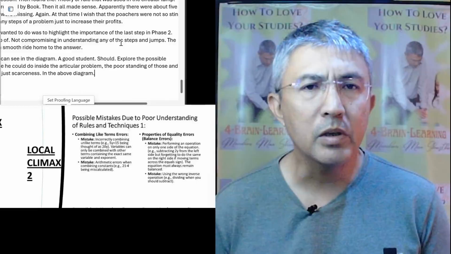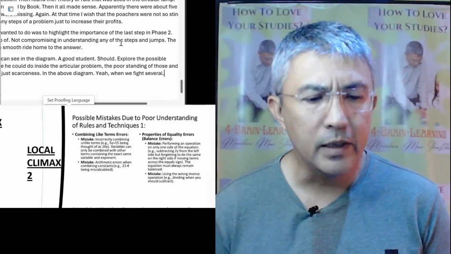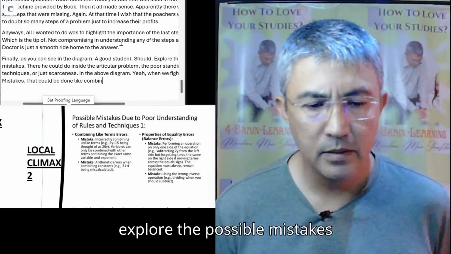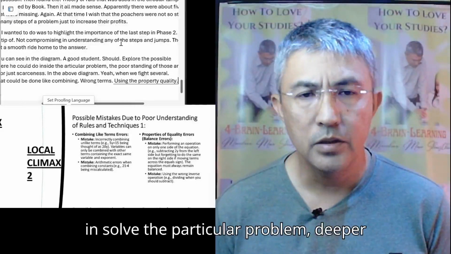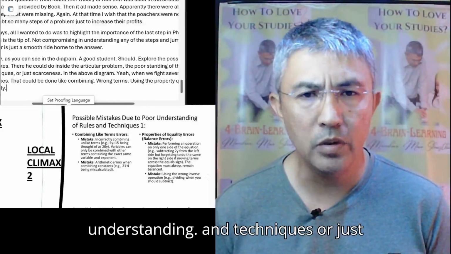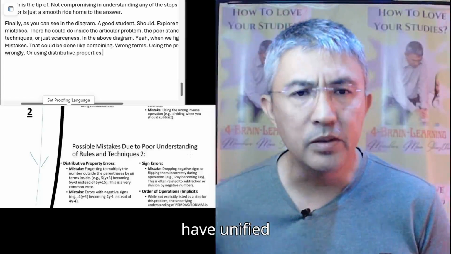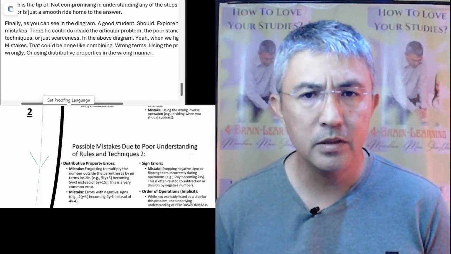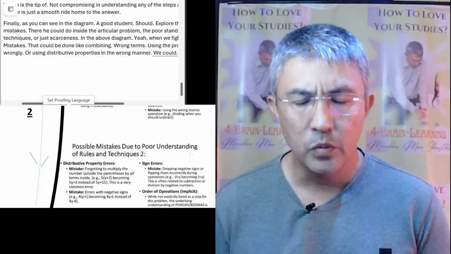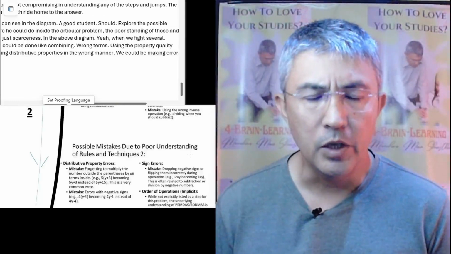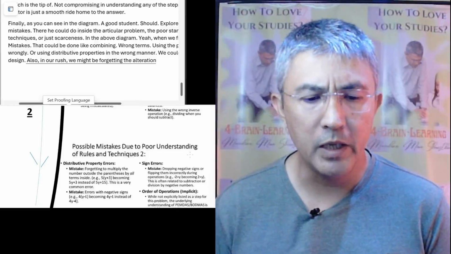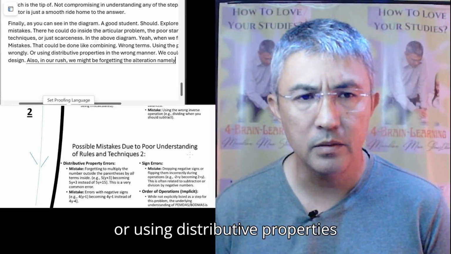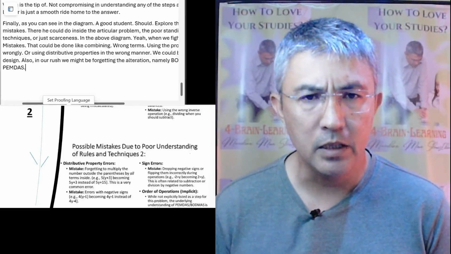In the above diagram, we have identified several mistakes that could be made, like combining wrong terms, using the property equality wrongly, or using distributive properties in the wrong manner. We could be making errors in the sign. Also, in our rush, we might be forgetting the order of operations, namely BODMAS and PEMDAS.